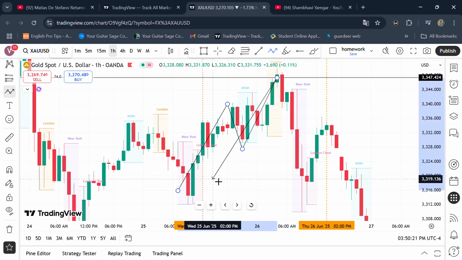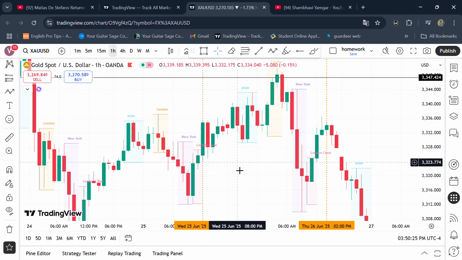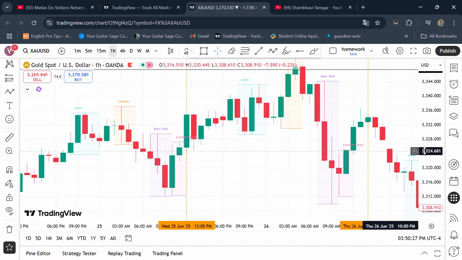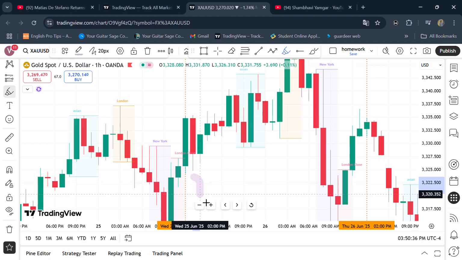See, this uptrend is on, and in that uptrend, there was a major sell-off on this red candle. If I were to mark it on this red candle, there was a major sell-off.